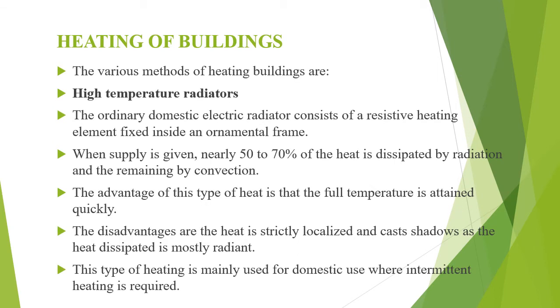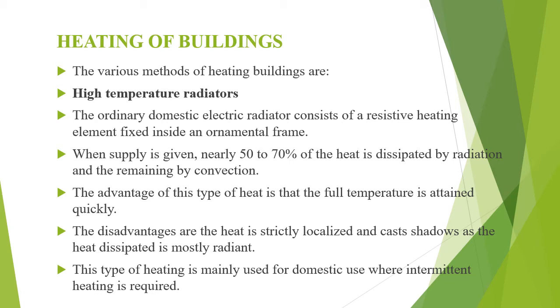The various methods of heating the buildings are high temperature radiators. The ordinary domestic electric radiator consists of a resistive heating element fixed inside an ornamental frame. When the supply is given, nearly 50 to 70% of the heat is dissipated by radiation and the remaining by convection.